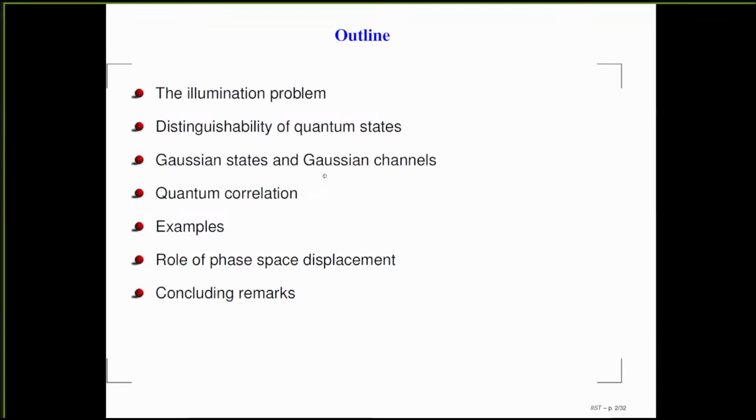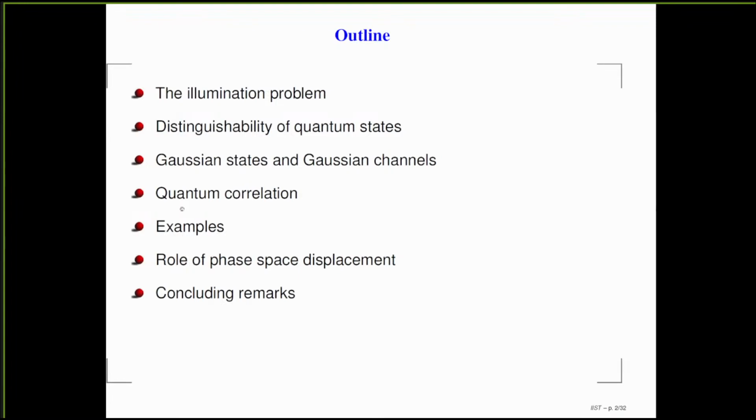So I will introduce this idea of Gaussian states and Gaussian channels, then briefly discuss what is called quantum correlation. Then I'm going to examples which illustrate that you can perform quantum illumination with correlated but non-entangled states.